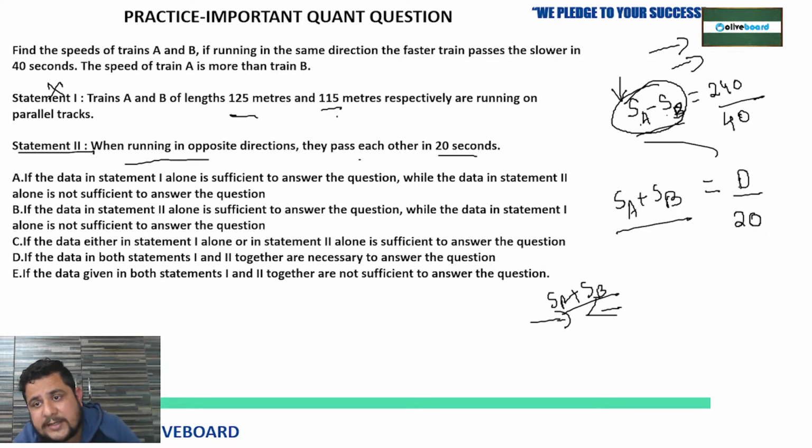But do we know the distance by statement 2 alone? No, we do not have the distance. But if we include statement 1, then we will have the distance. That distance is 240.